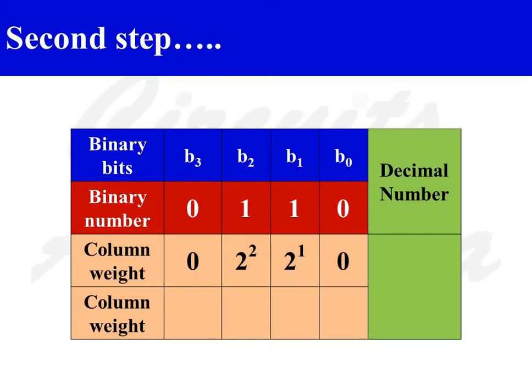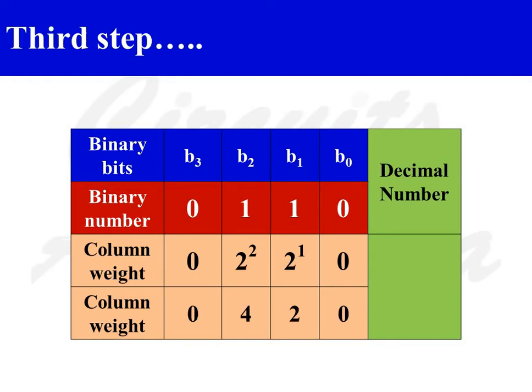Next step is to fill the third row, the column weight in the form of power of 2. So here as B3 and B0 bits are zeros, corresponding cells of the third row are filled with 0, and as B2 and B1 are 1, corresponding cells in the third row are filled with 2 raised to 2 and 2 raised to 1 respectively.